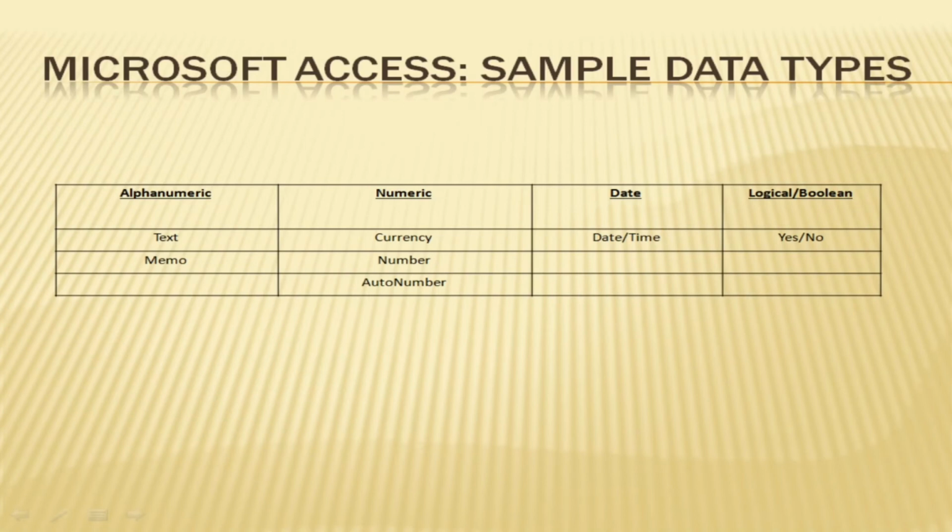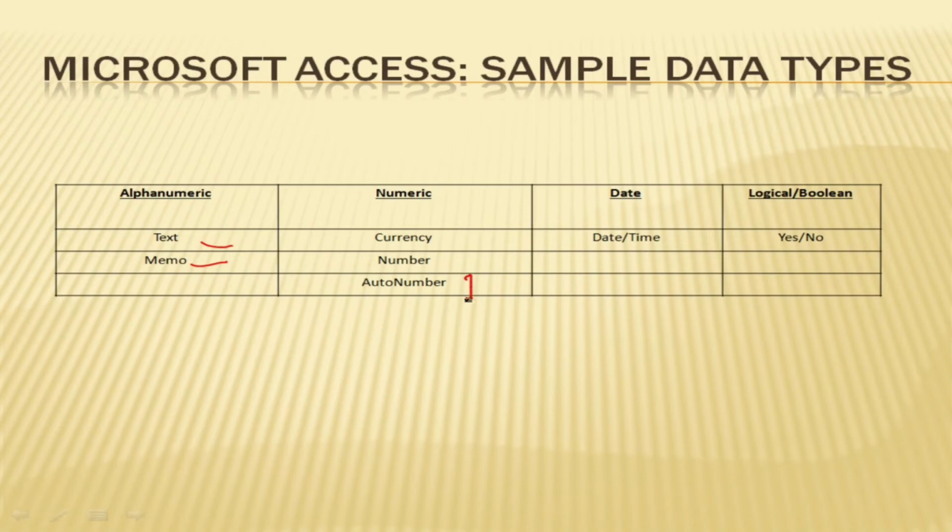So here are some sample data types that fall under the four main data types used in Microsoft Access, which we will be using for this video lesson. For the alphanumeric data type in Microsoft Access, it would be called text or memo. For the numeric data type, you have currency, number, and auto number.